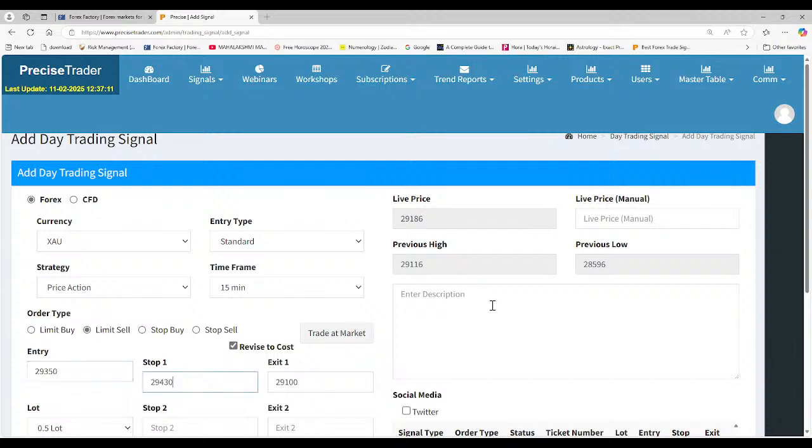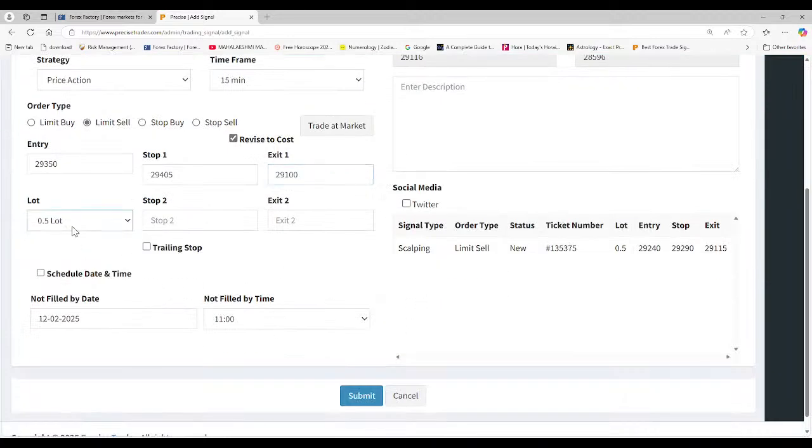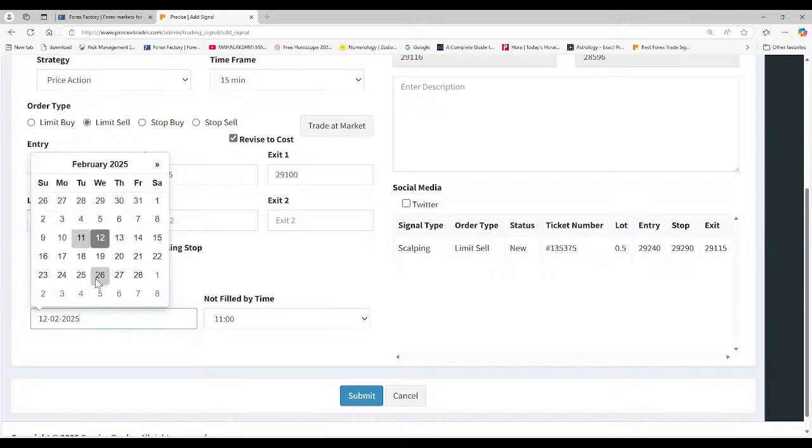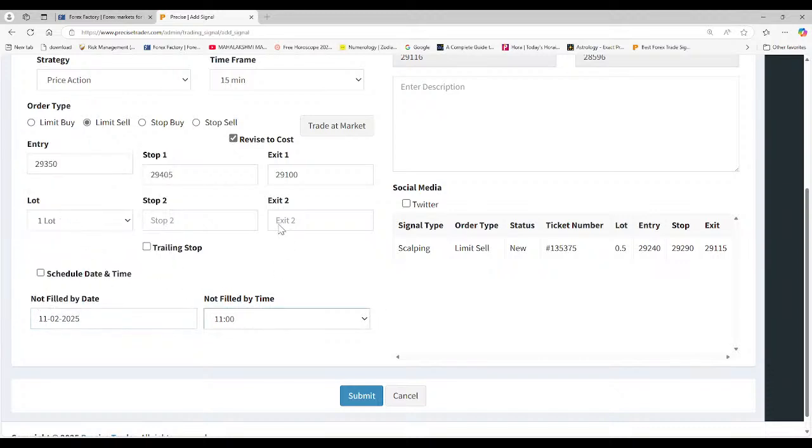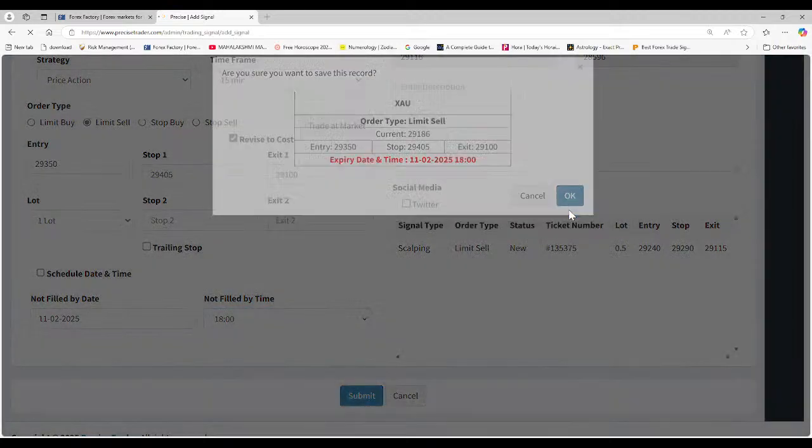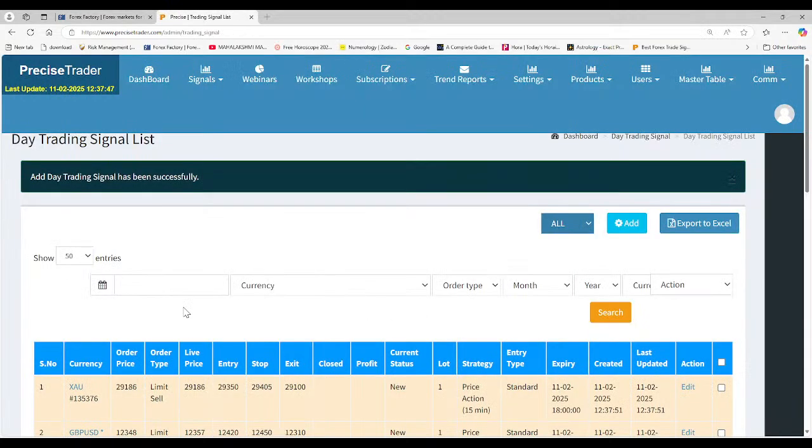So 2935, 2939 half. We'll put it as 2940 half and 2910. And this one we can go for one lot, and this one we will put time until maybe next time belt. I'm not sure whether we will be getting it, but if we get it, then we will trade.